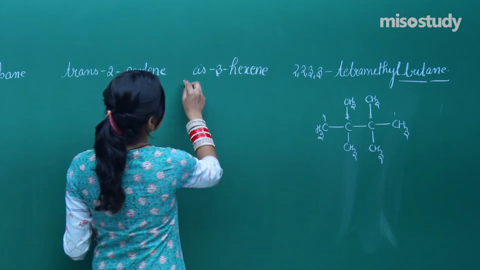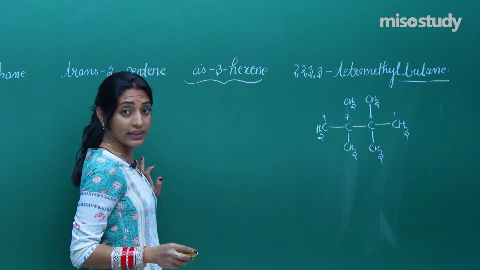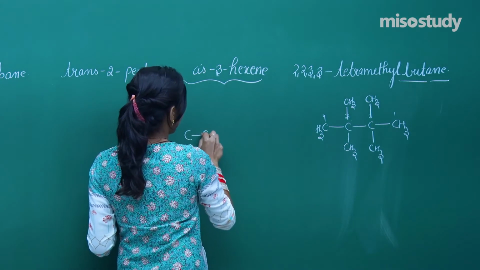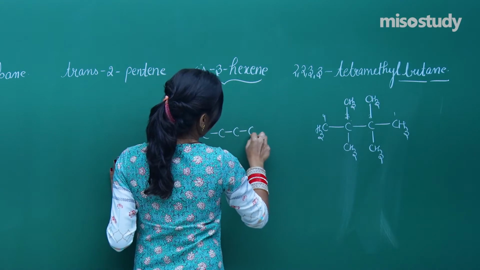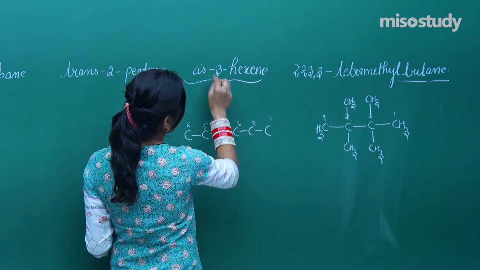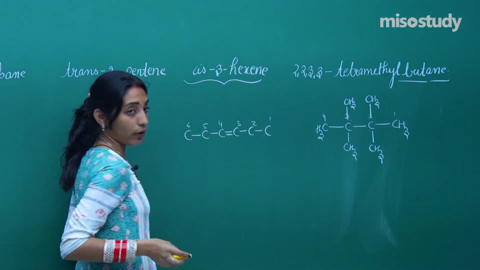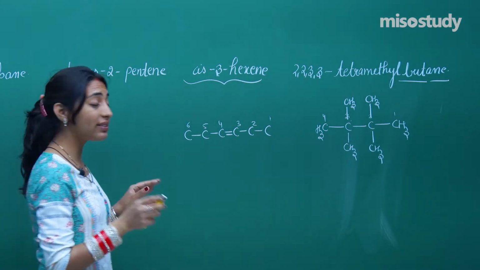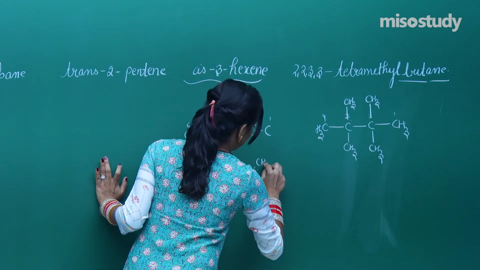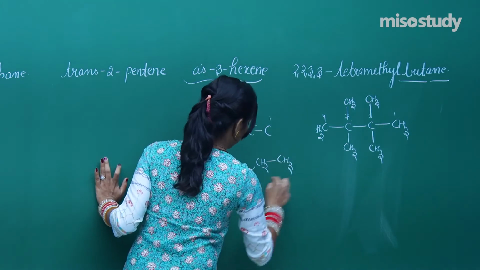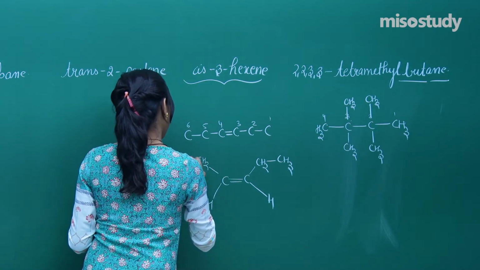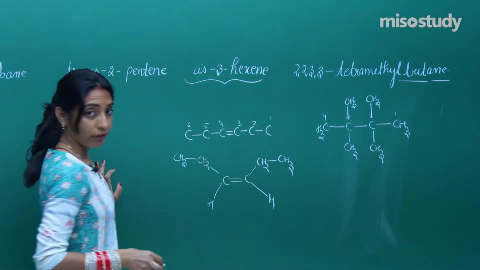Now second is cis-3-hexene. So 1, 2, 3, 4, 5, 6, and at the third position there is a double bond, okay. But I am talking about the cis form. So the cis form will be CH2, CH3, H, H. When the two same groups are on the same side, that is known as the cis form. Fine.